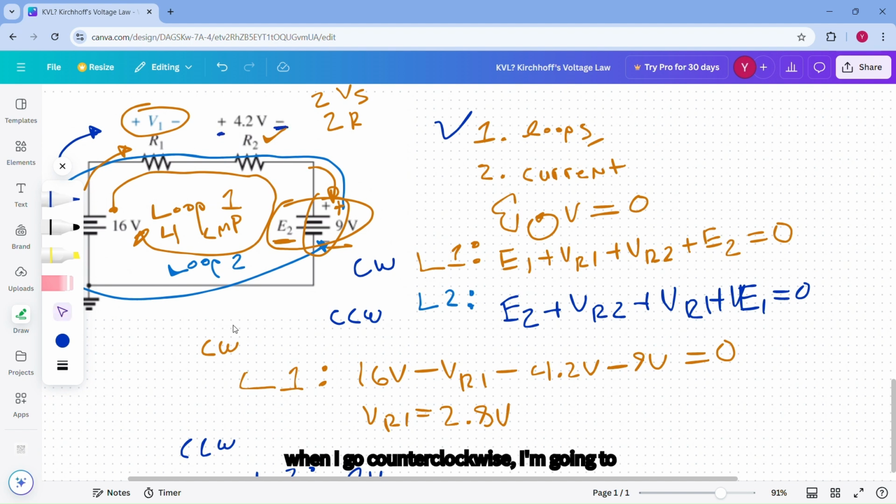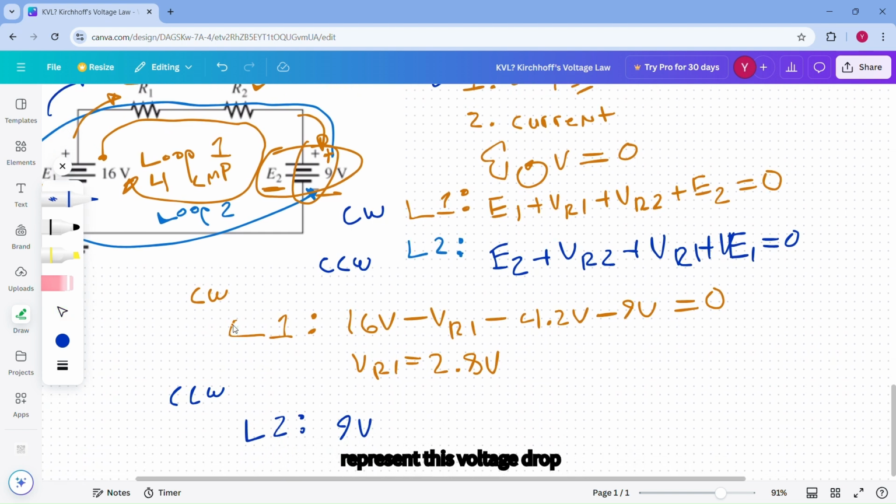So when I go counterclockwise, I'm going to represent this voltage drop across R2 as actually a voltage rise. So I'm adding 4.2 volts, and that number comes from VR2. Similar idea with VR1. And then I'm going to subtract my 16 volts. And this all equals 0.